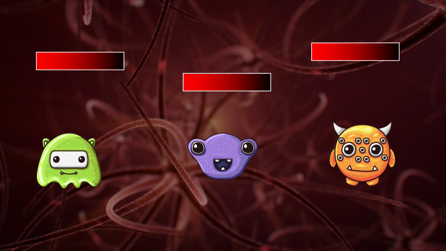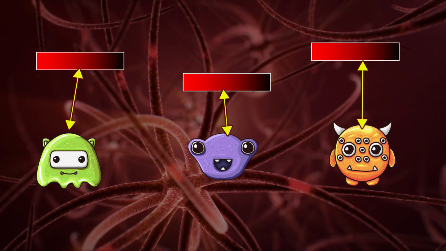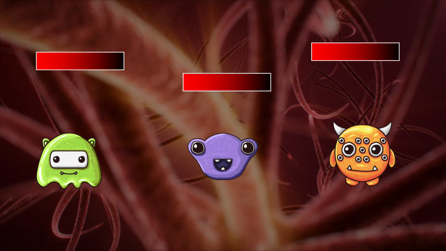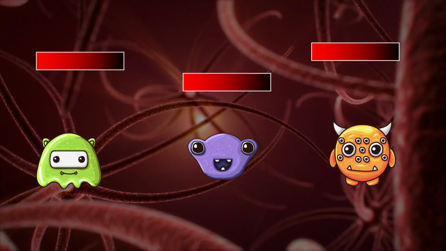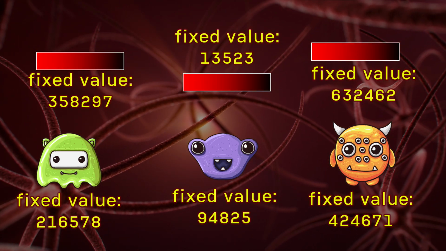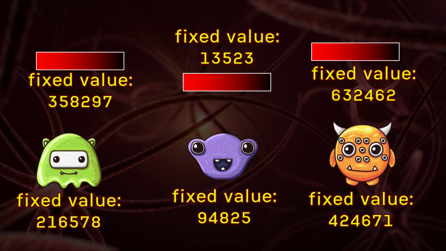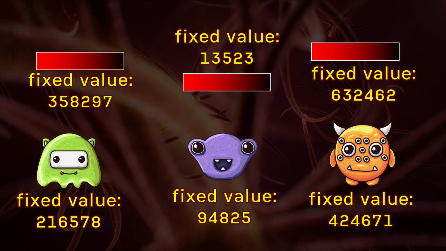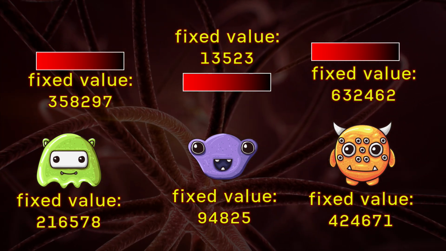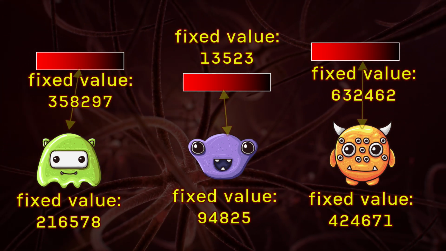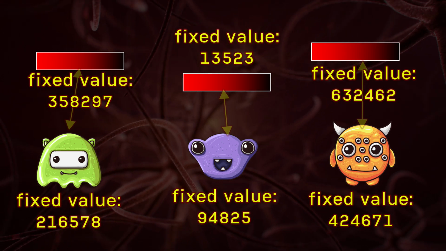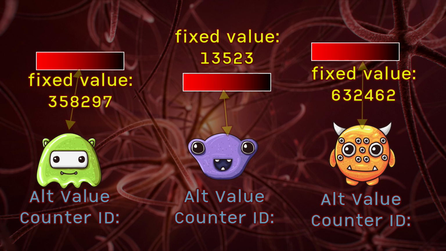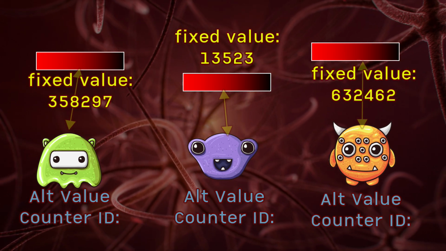Now we need a way for Fusion to know which counter belongs to which enemy, and for that we'll use fixed values. The objects made in the game are given a number, like an identification number, but it's a number unique to them. It's called the fixed value. So that we can link each counter with the group enemy monster that it belongs to, we're going to use the counter's fixed value and place that in the monster's alterable value of counter ID.